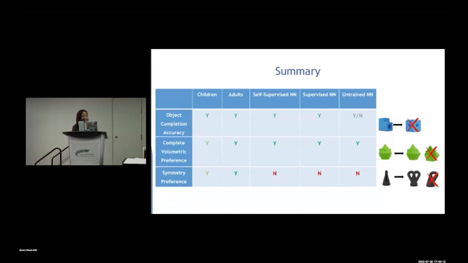Children and adults, or just humans in general, also seem to represent symmetrical objects as opposed to asymmetrical 3D objects. For neural networks, we don't really see that, suggesting that incorporating some kind of data or training for 3D object symmetry preferences might help us improve computer vision.